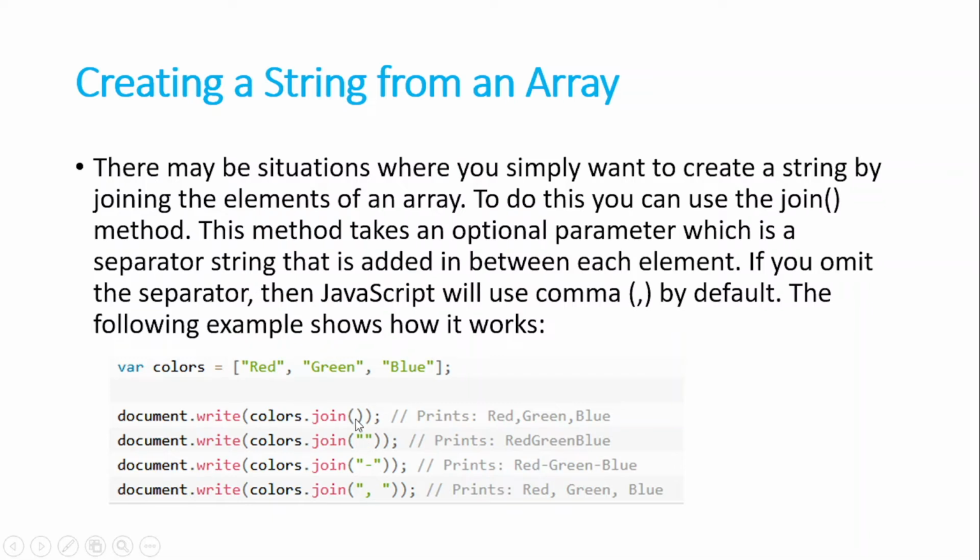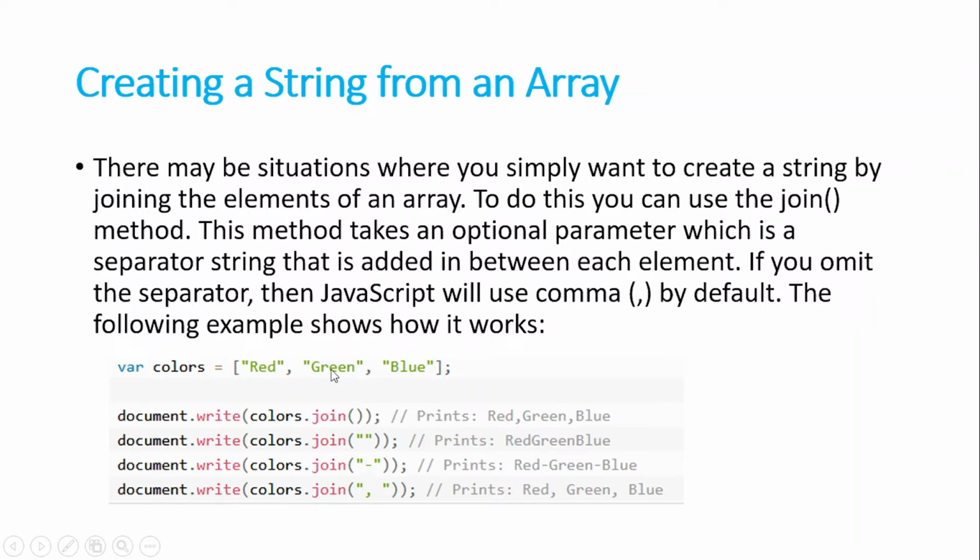If you don't specify that, it will automatically take comma as its separator. You can see that it will print red comma green comma blue. And if you want to remove this comma, you can specify an empty string inside the brackets in the join method. So it will remove the comma as well.